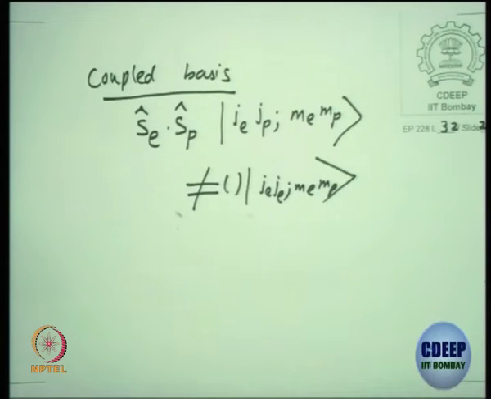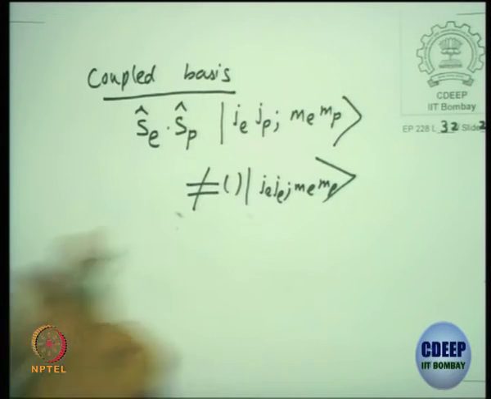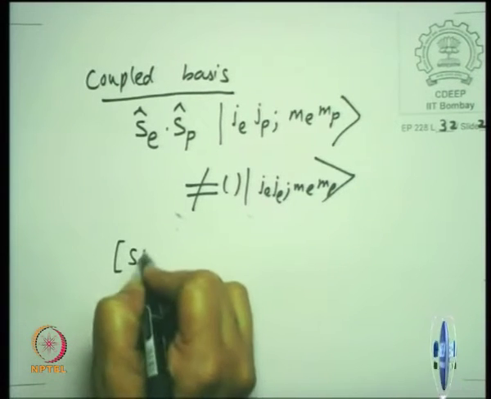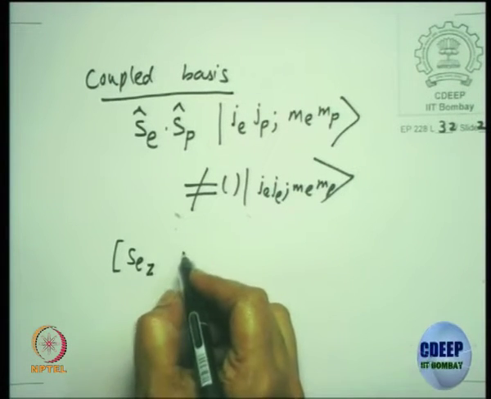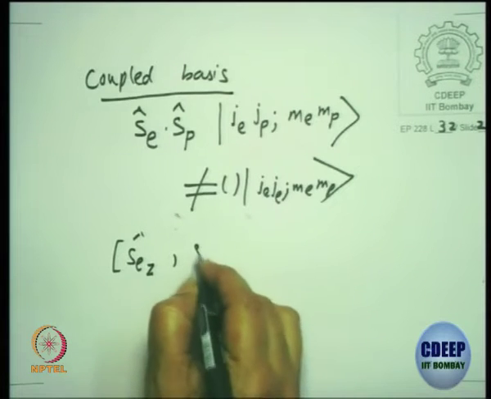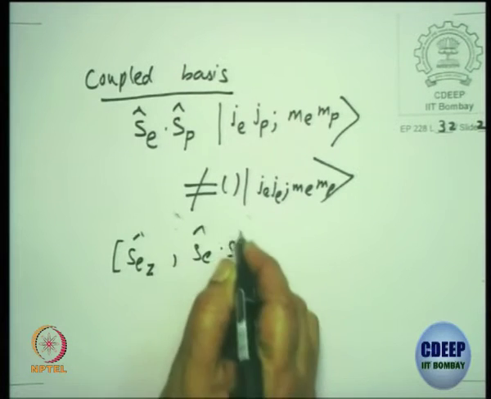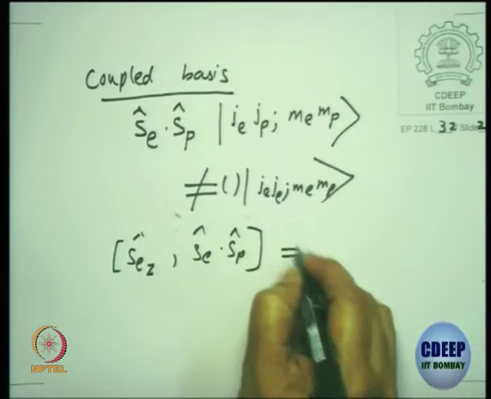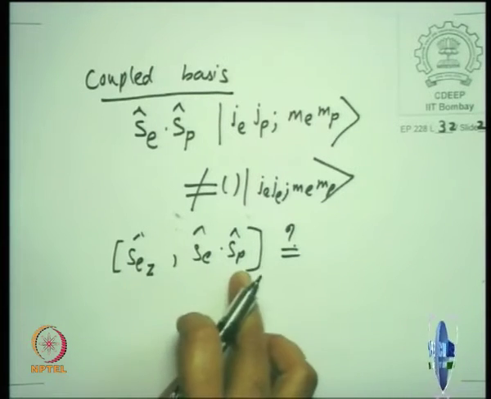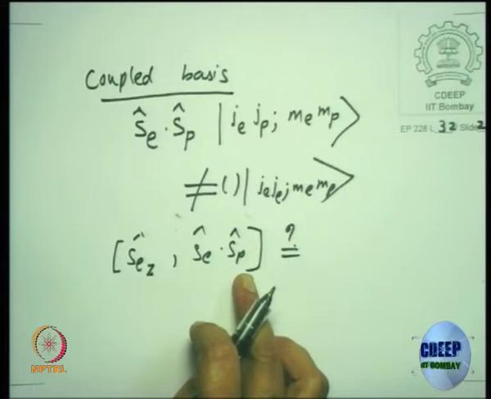What do we do for that? What is another way of seeing that this will not be an eigenstate? If you take the Sc Z component operator and you take the commutator with Sc dot Sp, what is this? Sc Z commutes with the Sp operators, so we don't need to worry about it.